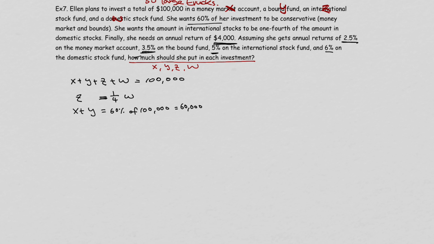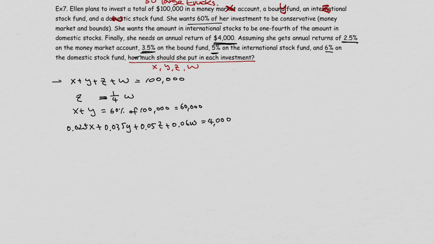So we'll do 2.5%, which will become 0.025 times X plus 3.5 is 0.035 when you change to decimal, right? Times Y. Plus 5% changed to decimal will be 0.05Z plus 6% into decimal, 0.06 W equals 4,000.